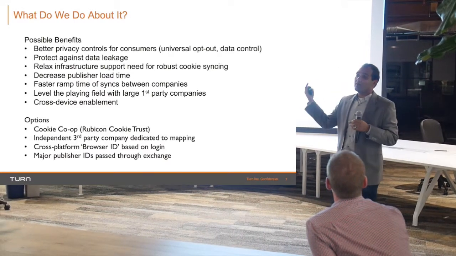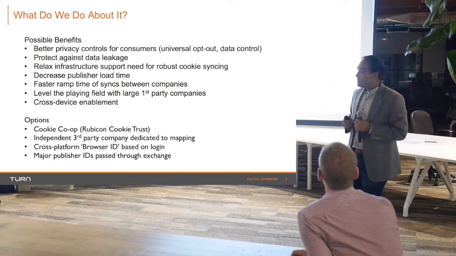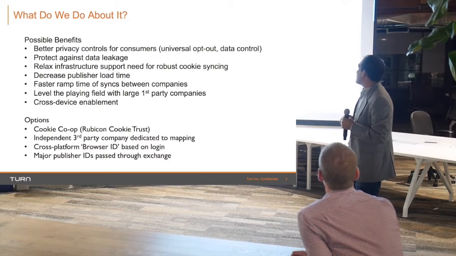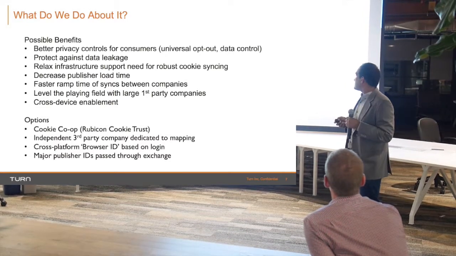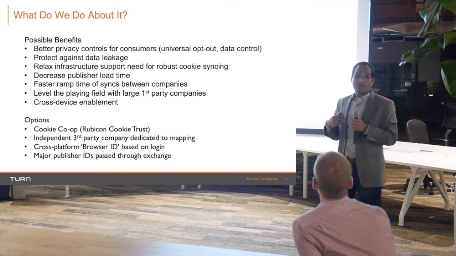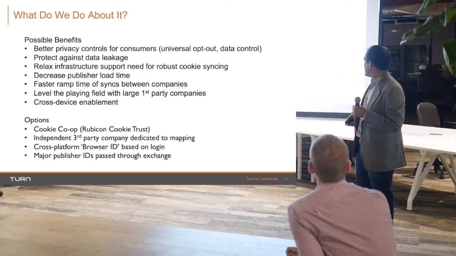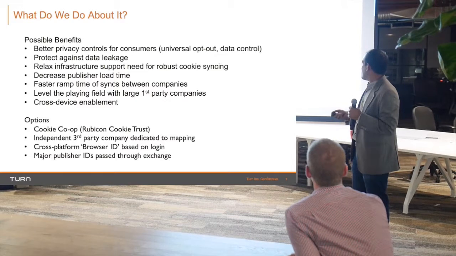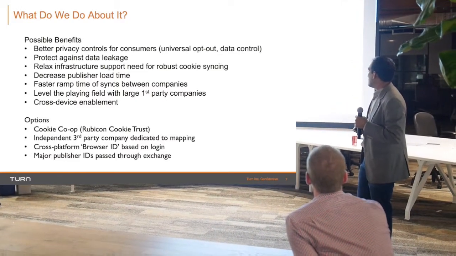Imagine just some random company had all these IDs, and then all the other companies would just synchronize with them. There could be a cross-platform browser ID based on login that might be passed through the browser itself. So imagine Mozilla passing the IDs to the different players, or the exchanges pass some kind of ID, or a major publisher. That's really hard.